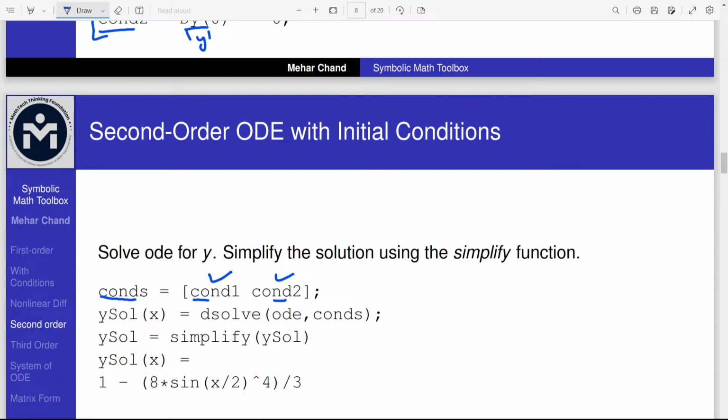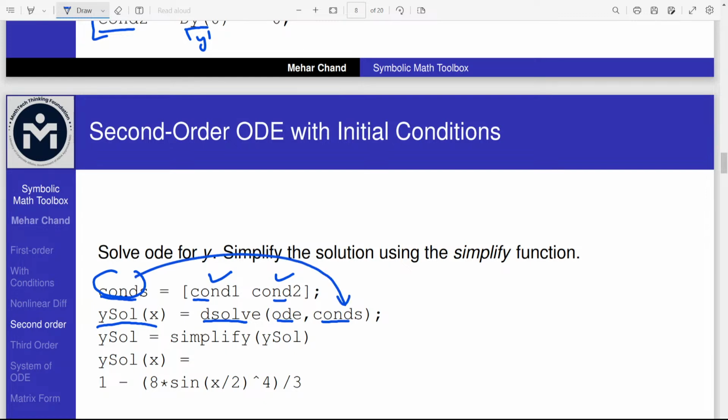Now we have the conditions and we have the ODE. Now we want to solve this differential equation for the x variable, and this is the statement for the same: ySol(x) is equal to dsolve(ODE, conditions). This will be passed at this place.